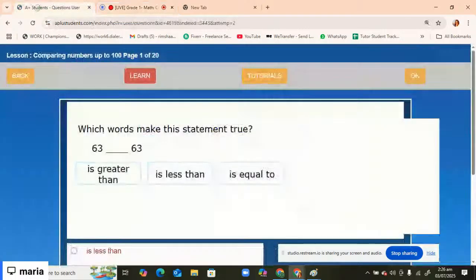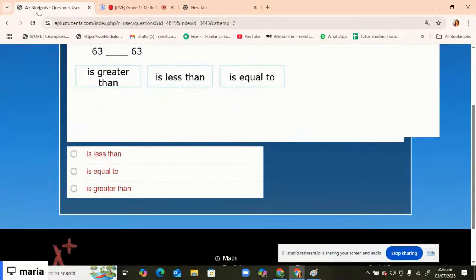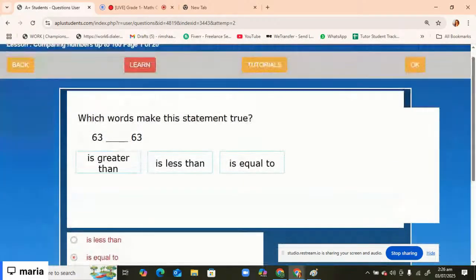All right. 63 and 63. So, these both are equal, okay? Because both numbers are the same.